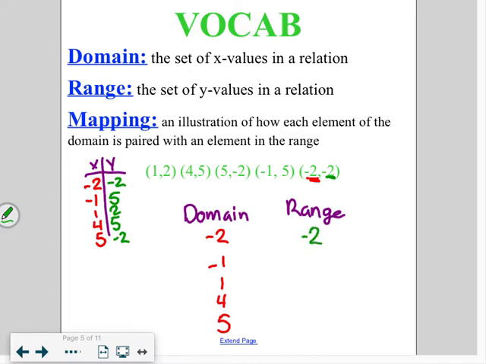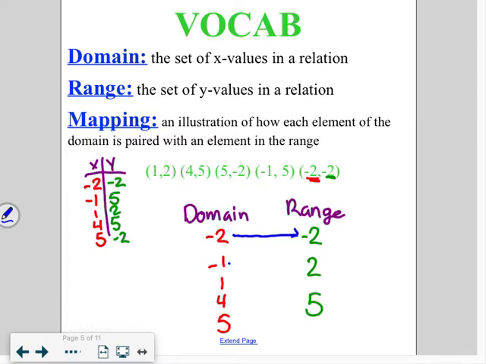If you notice, negative 2 is repeated twice, but I am only going to list it once. Same thing happens with 5. So if you have a number, whether it's in the domain or the range, that lists it more than once within your relation, you're only going to list it once in the map. To finish off the map, we're going to connect the xy pairs with arrows. So negative 2 is paired with negative 2.